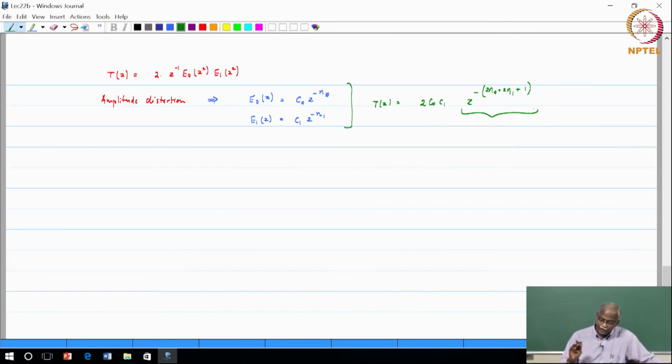Now that is very good for removing the magnitude distortion, but if I now go back and look at my H naught of Z, H naught of Z is C naught Z power minus 2 N naught plus C1 Z power minus 2 N1 plus 1.